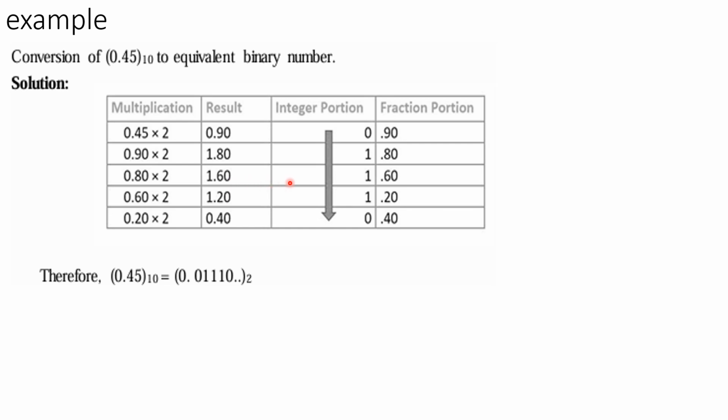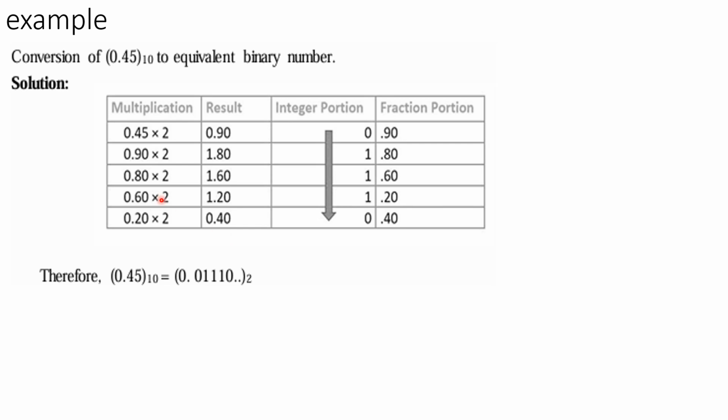We take 1 and continue with 0.60. Like that we did for all. When we see a repeating pattern, the final binary representation of 0.45 is 0.0111 0 and so on. This method works for any decimal fraction, and recognizing the repetition pattern helps to understand the precision limitations in digital systems.